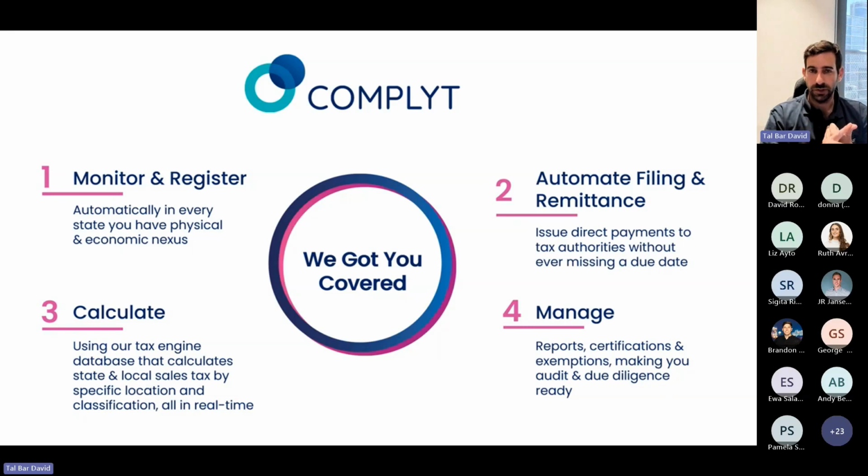If the state changes the tax treatment from taxable to non-taxable, this tax code changes in our database. So you don't need to do anything. We always know what the taxability of your products is, and when it changes, you will see the change specifically. And obviously it will be reflected in your invoice.